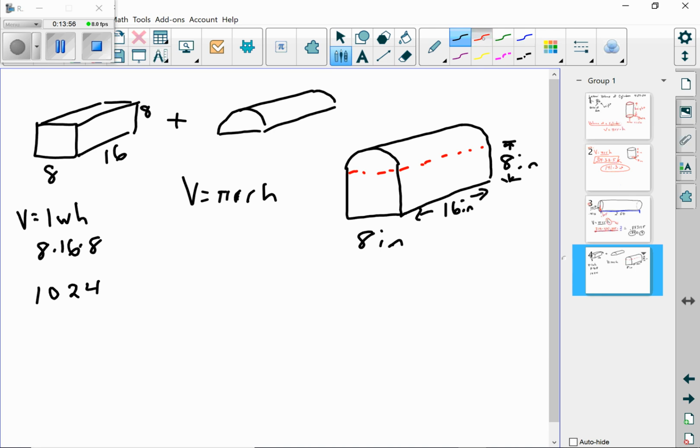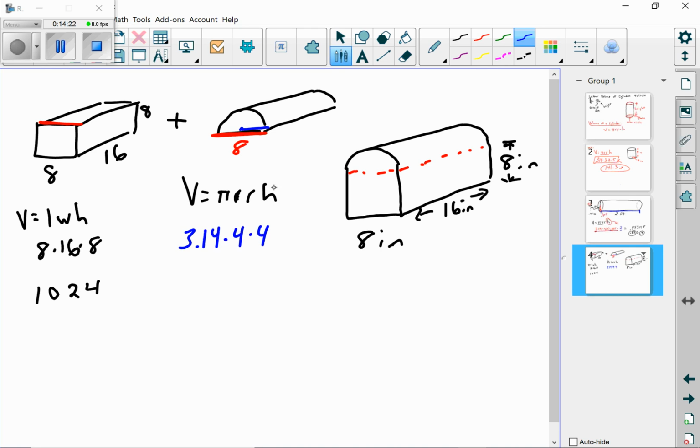If we look at the cylinder, I think this red line on this cylinder is the same as this line on the box, which means it's 8. But 8 is not the radius of the circle. 8 is the diameter. I need the blue line here, which is half of that. So 8 divided by 2 would be 4. So I need 3.14 times 4 times 4.